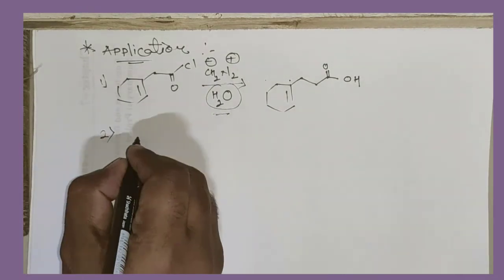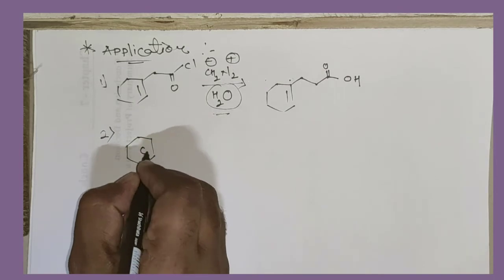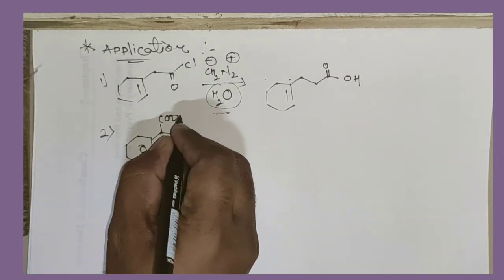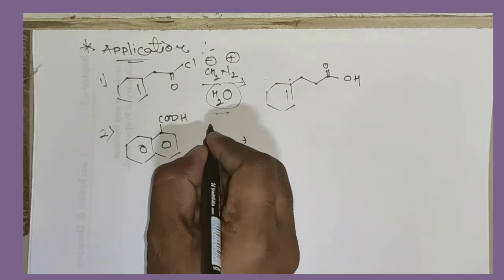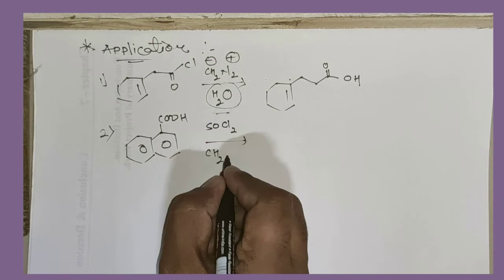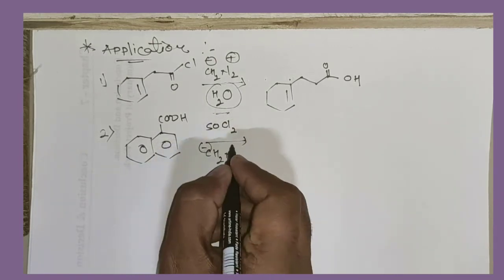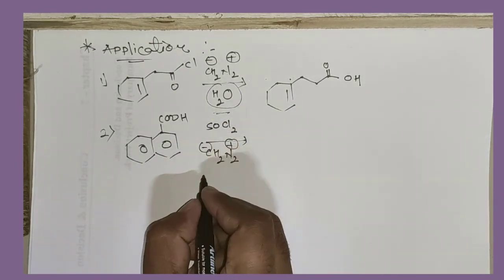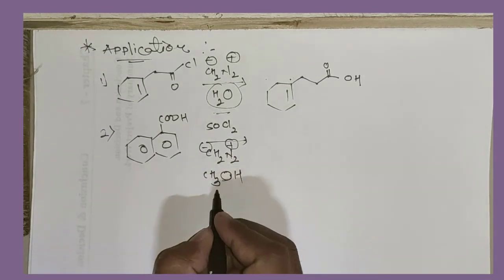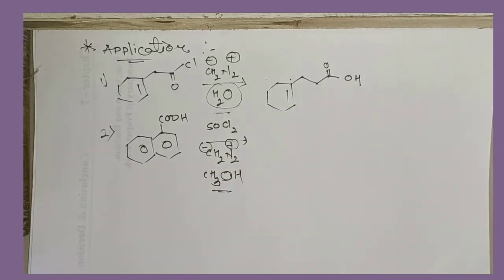Let me take one more example. Suppose this one. First, as per the mechanism, it reacts with SOCl2, then it reacts with diazomethane, right? And third, let me take one alcohol. On the basis of this, you identify that the product should be an ester.